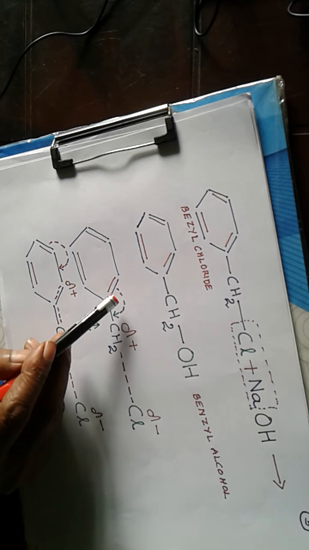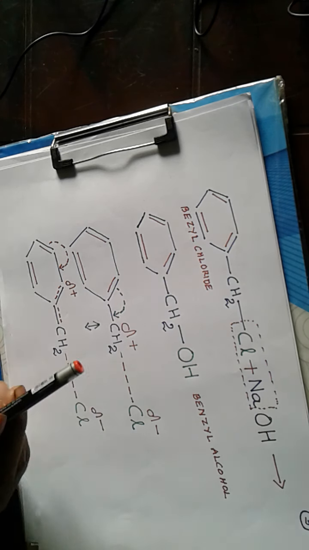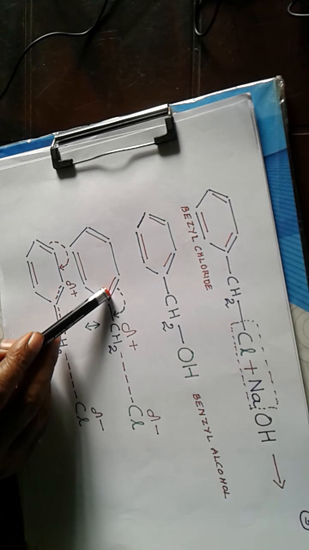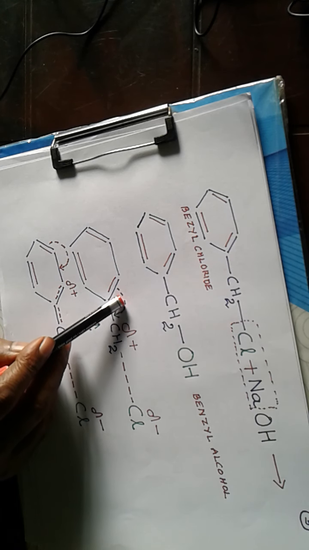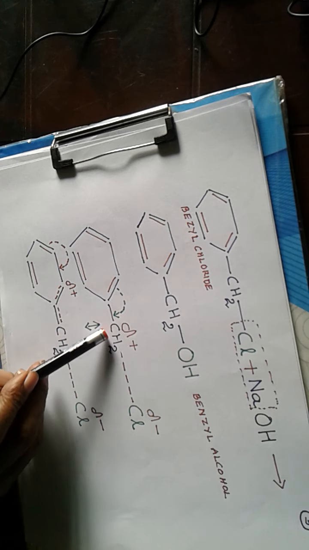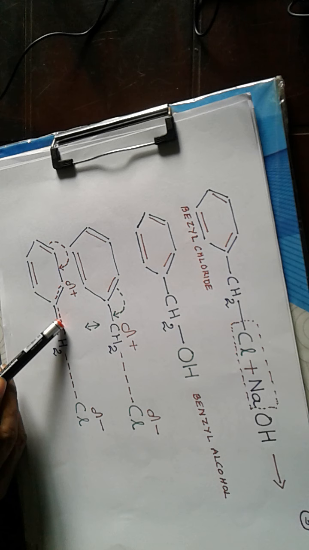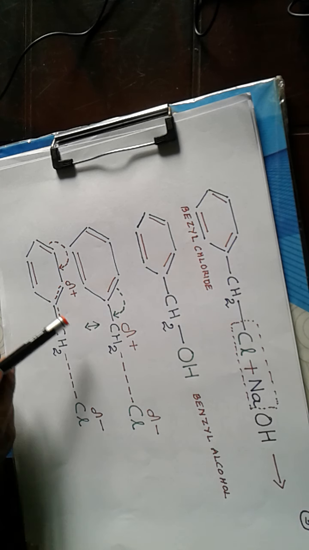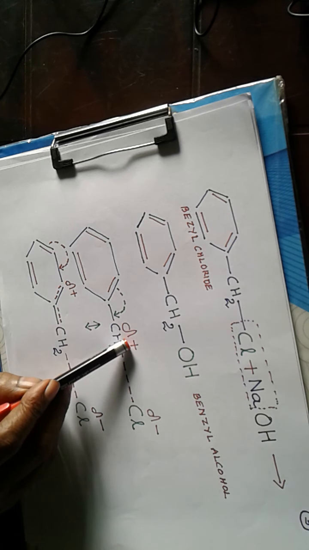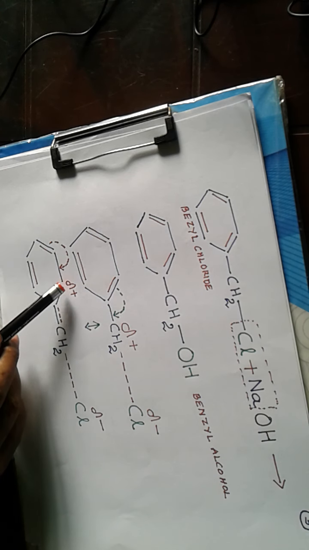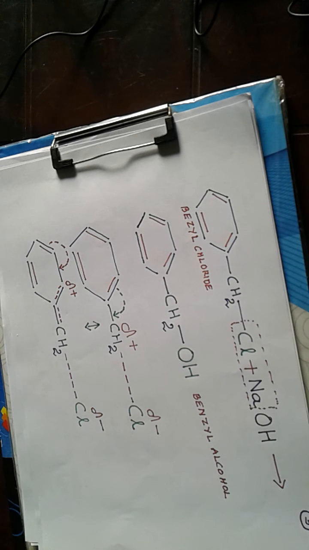The broken arrow shows here that a part of the pi electron density is transferred towards the CH2 group. So we get a partial bond here and a partial bond here, and the partial positive charge on the carbon of the CH2 is transferred to the position here, and this position in benzene is called the ortho position.